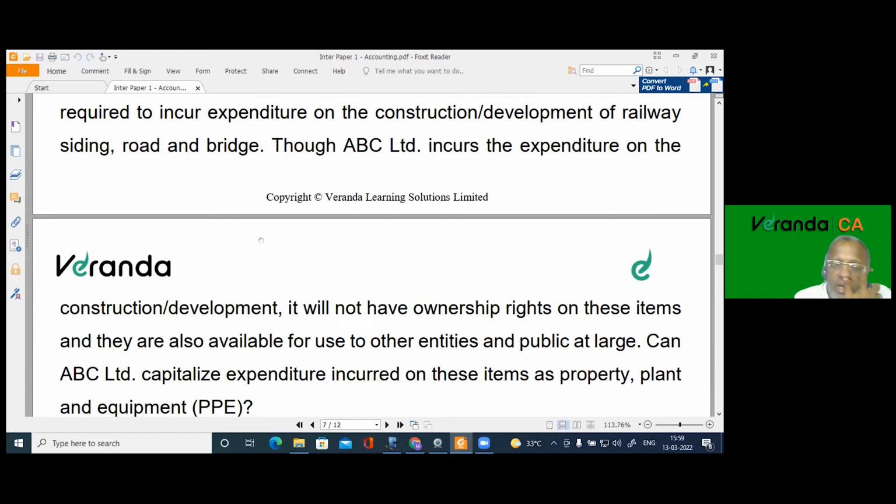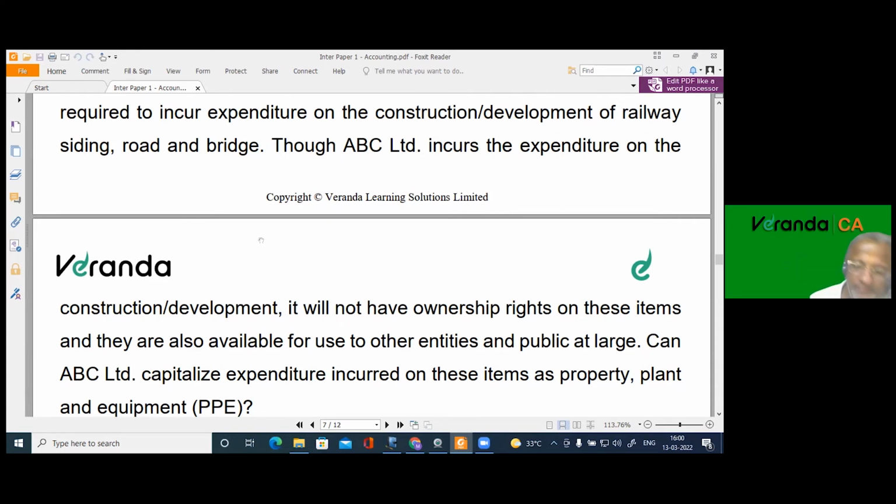So naturally, the public will have access and therefore it should be owned by the government. On government land, the sidings, roads and bridges were constructed by the refinery for its own benefit, but they can't deny access to other users.